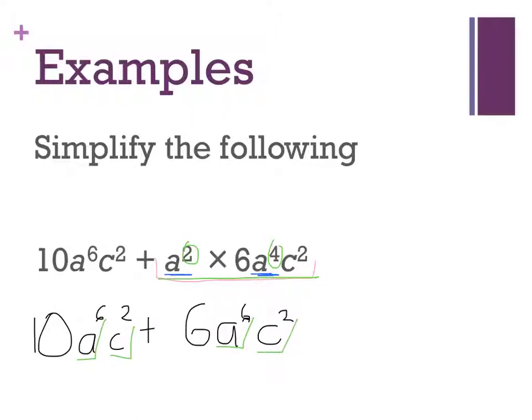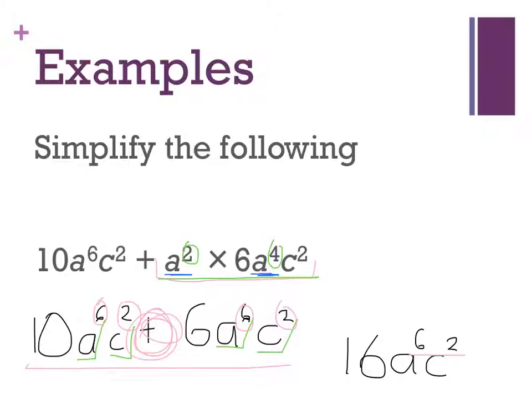Which means they're exactly like terms, so it becomes 16a to the power of 6, c to the power of 2. Why have I left that a and c the same? Because we only add our indices when we multiply and we divide, okay? Because we are doing addition here, it's only grouping like terms, and because these are absolutely identical like terms, I can group them and get this answer, 16a to the power of 6, c to the power of 2.